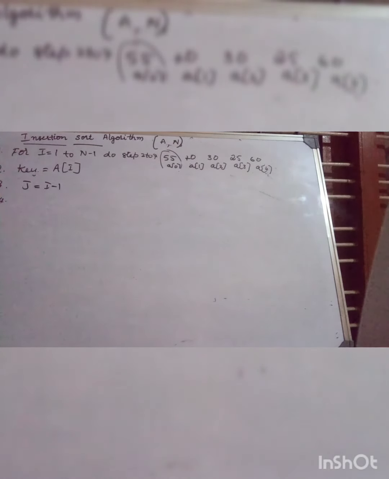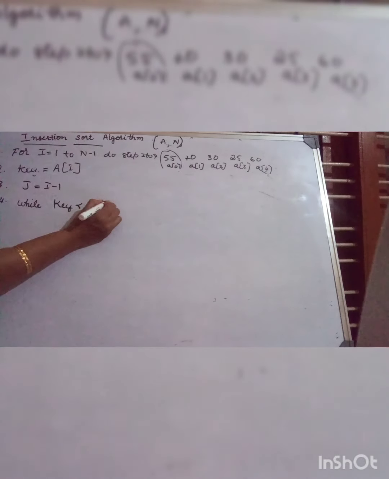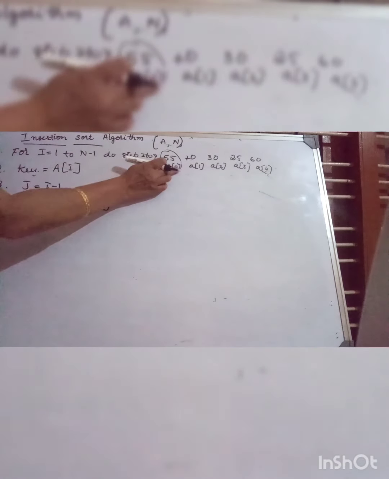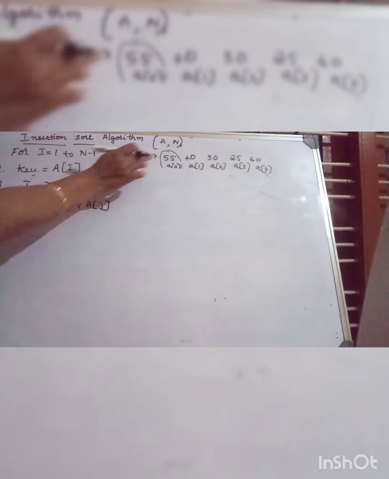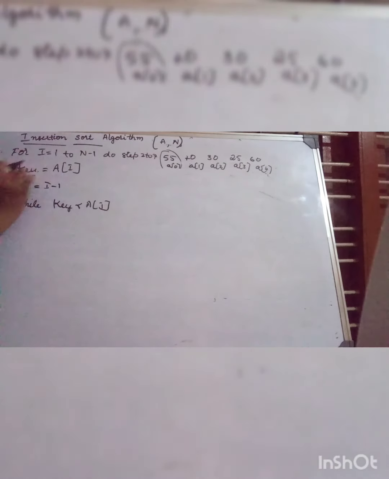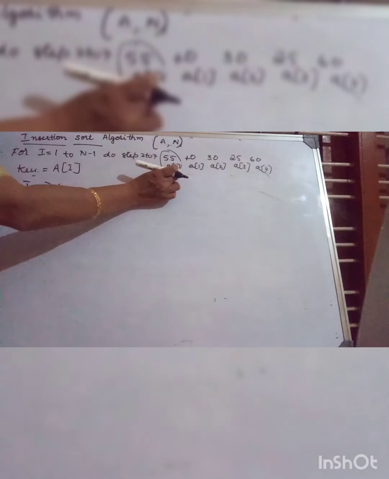As I told, I have to compare using a while loop: while the key element is less than A of j. J means the previous element. When I is 0, j would be before the first element.